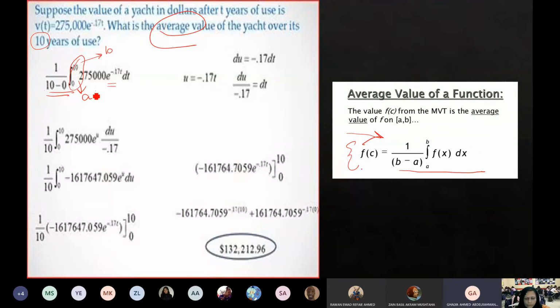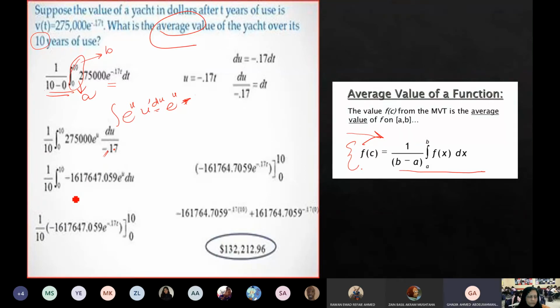Now the second step, we're going to use the u method. The u here is our negative 1.7 t, and du is negative 1.7 dt. So now we want to make dt the subject, so it is equal to du divided by negative 1.7.